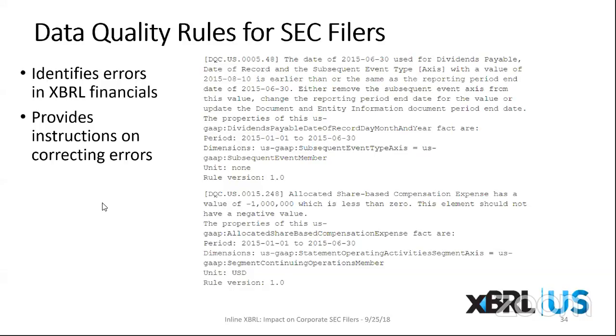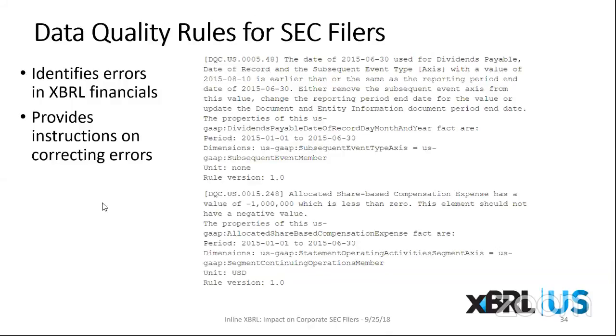So if you look at the top one, this indicates that the date of June 30th, 2015 used for dividends payable, and the subsequent event type access with the value of August 10th, 2015 is earlier than or the same as the reporting period end date.